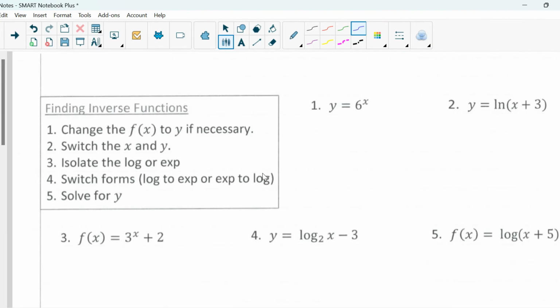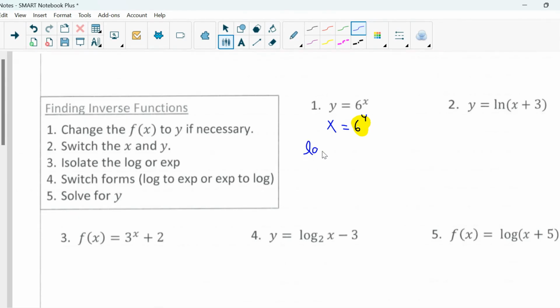So let's do number 1 as our first example here. In number 1 here, the first thing we're going to want to do is switch our x and y. So I could rewrite this as x equals 6 to the y power. Now, since I'm in exponent form, my exponent is isolated, right? I have 6 to the y all by itself. But now, since I'm working in exponent form, I'm going to want to rewrite this as a log. So, since I have a base of 6 and I'm trying to cancel out my exponent, I'm going to use a log base 6 and do that on both sides.